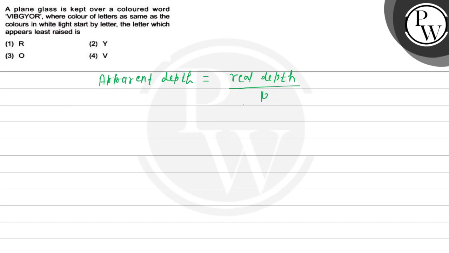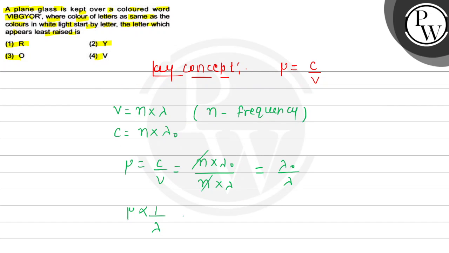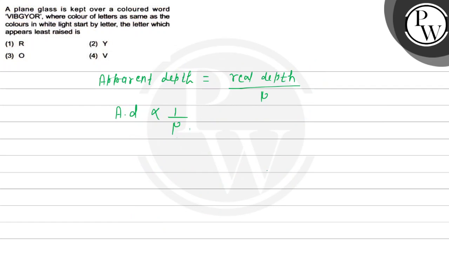So we know that the apparent depth will also be inversely proportional to mu. So we'll write it in a simple form, AD, apparent depth, is inversely proportional to 1 by mu. So apparent depth is inversely proportional to 1 by mu. Suppose this is equation number 1 and this is equation number 2.